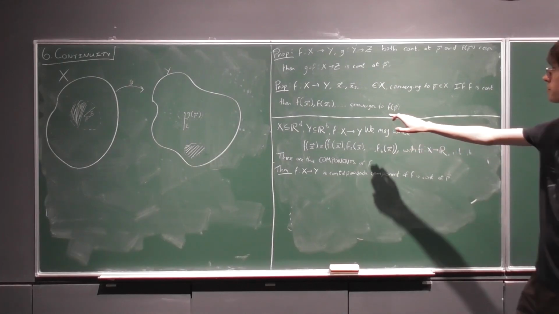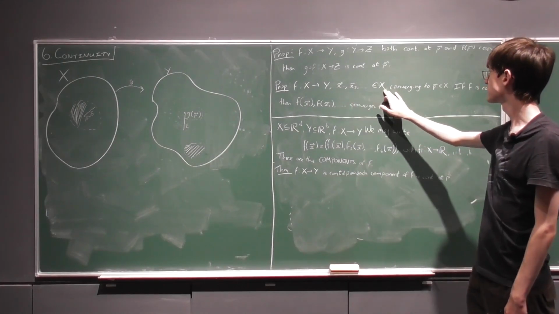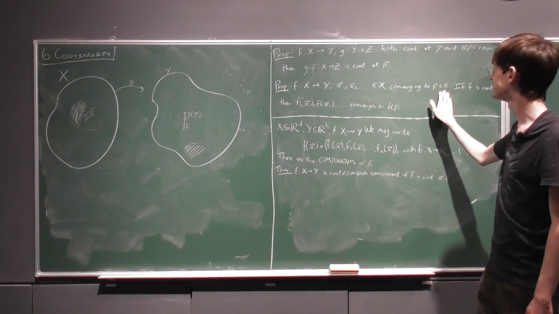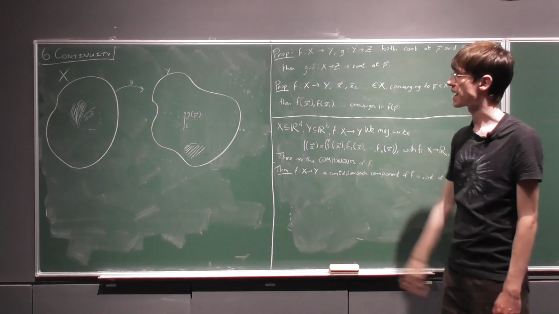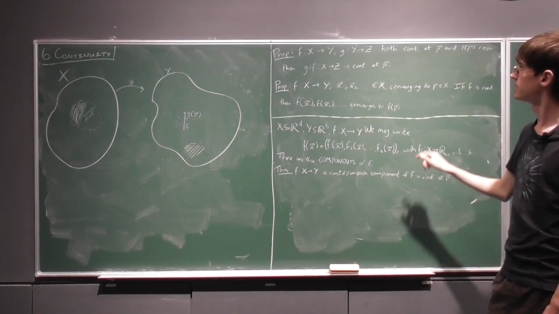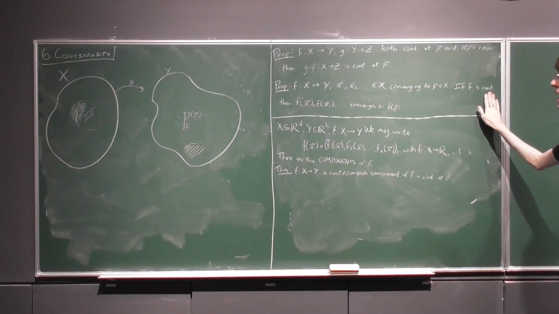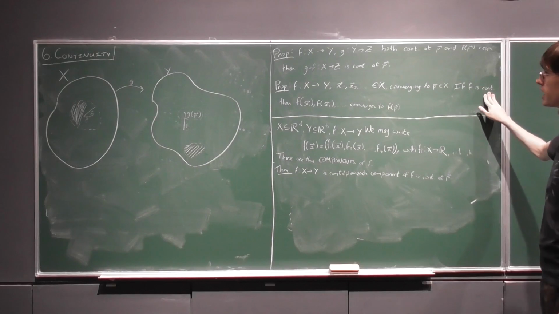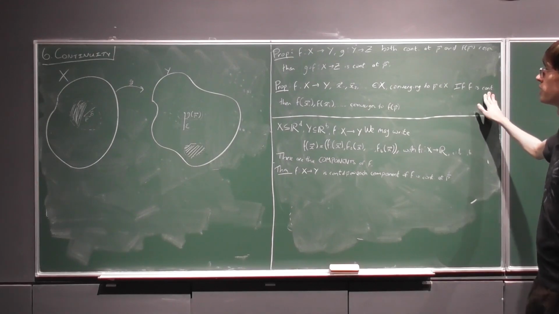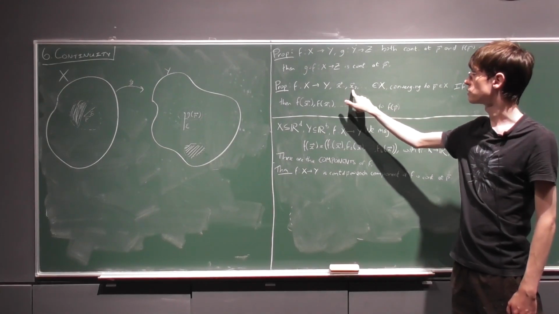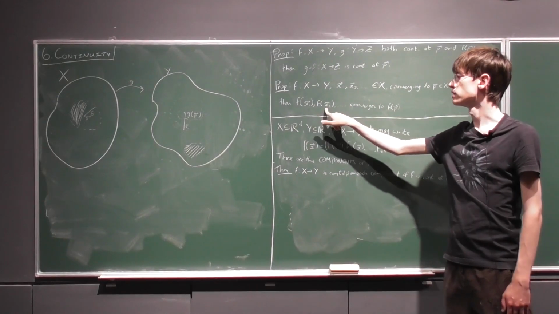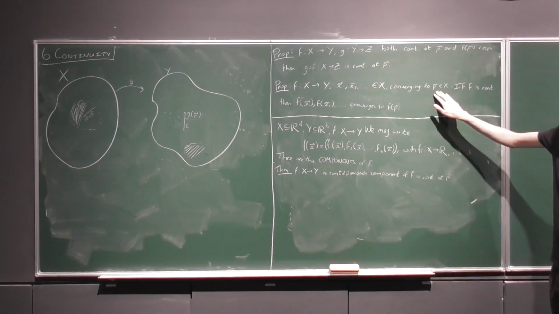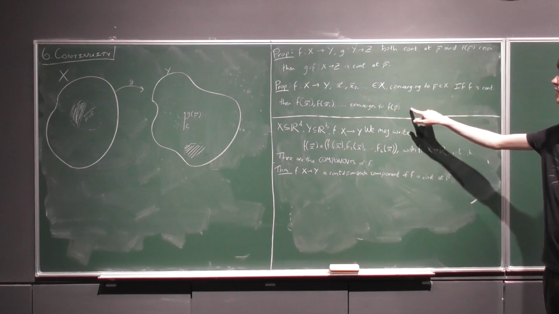Now, if we have a sequence in X which converges to a point p and a continuous map f between X and Y, then the continuous map f will preserve the convergence of that sequence. So each point x1, x2, and so on, f of those points should converge to f of p in Y.